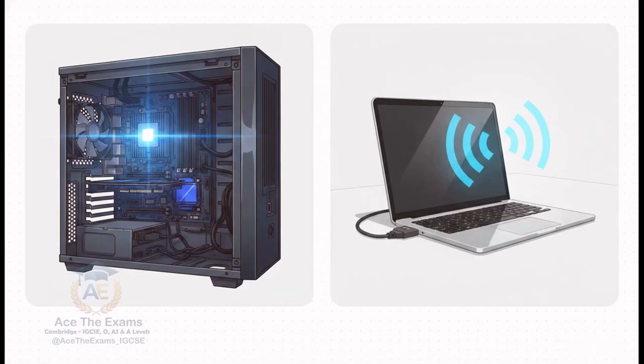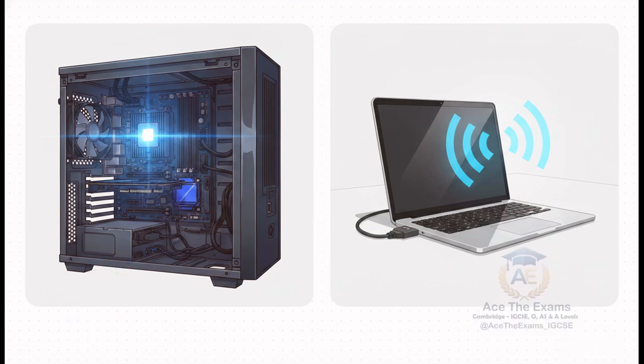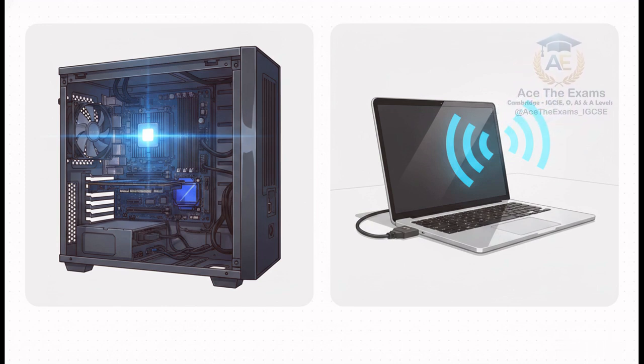Just real quick, to actually get connected to any of these devices, your computer obviously needs a network card, and you just need to be aware of the difference between the internal and external options. An internal wireless network card requires physical insertion directly into the motherboard, which means yes, you have to open up the computer case, but the massive perk is it requires absolutely no external cables. Contrast that with an external USB network card, which is just an easy plug-and-play device on the outside of the machine. It's simple, but trust me, it is highly testable.